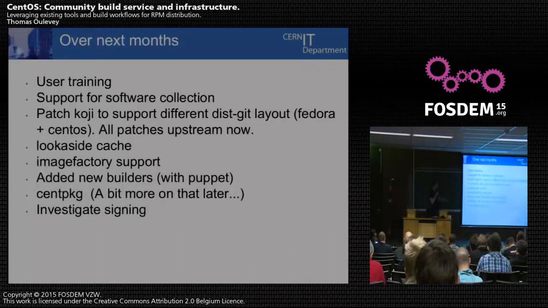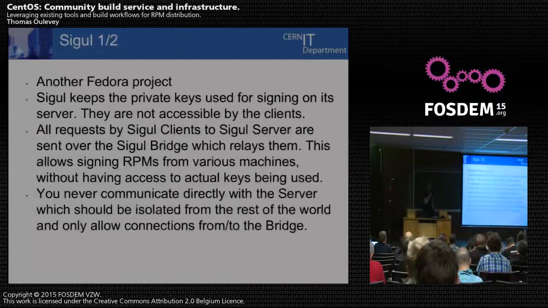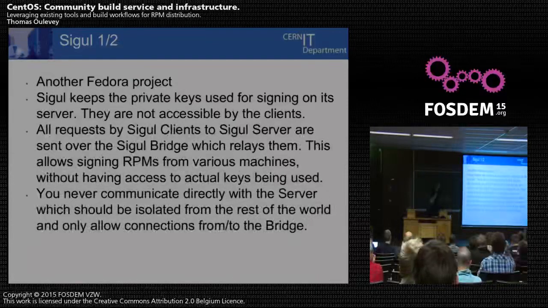And the last thing I'm doing right now is investigating signing. Fedora has a nice solution called Sigul that allows you to sign in an efficient and secure way from different machines. You have different components. You have a server that has the key, and then you have a bridge where you can send all the needed requests, and it will sign the RPMs.